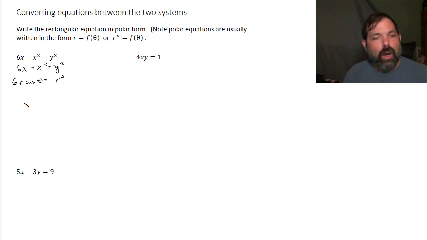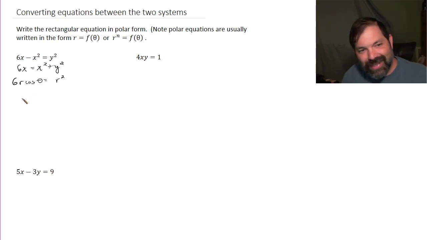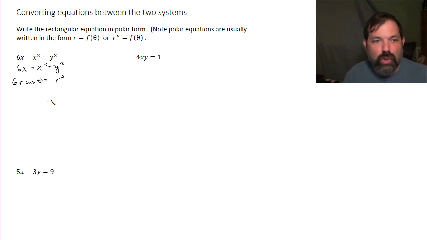All right, so it's very tempting to just divide out the r, and it turns out that we can, even though we're not really supposed to. But here's why. If I rewrite this then as r squared minus 6r cosine theta is equal to 0, I can factor out the r.